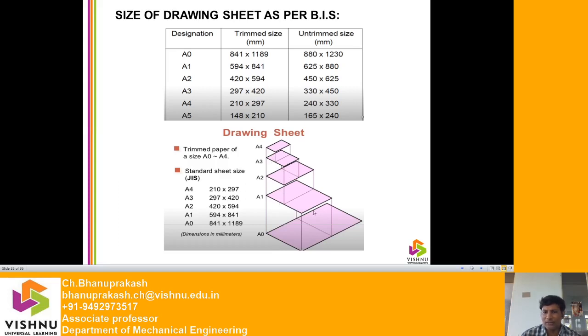A2 plus another sheet placed this way gives A1. A1 plus another A1 beside it gives A0. These are the different sizes of the sheets. All these dimensions are in mm, millimeters. Sir, below A4, will there be any other size? Yes, the size is A5, 148 into 210.